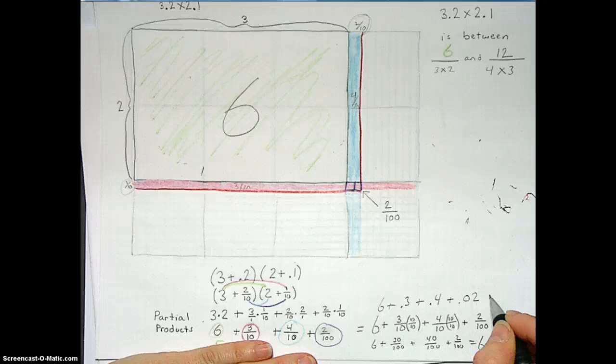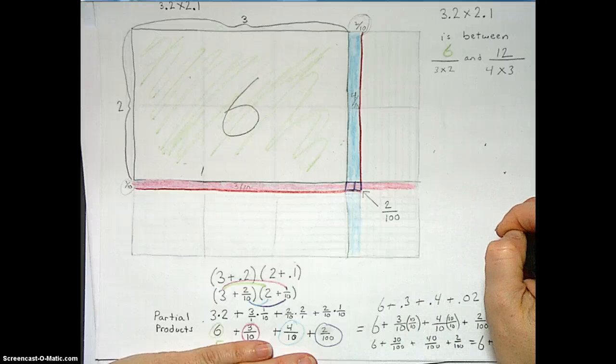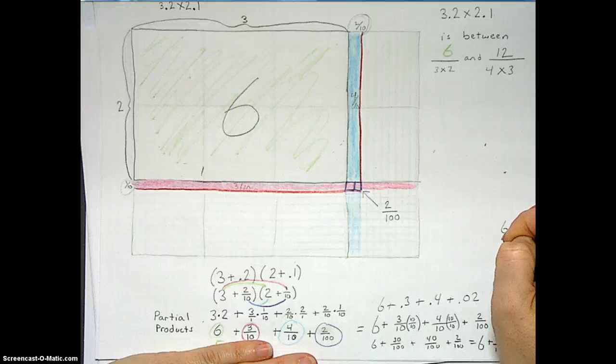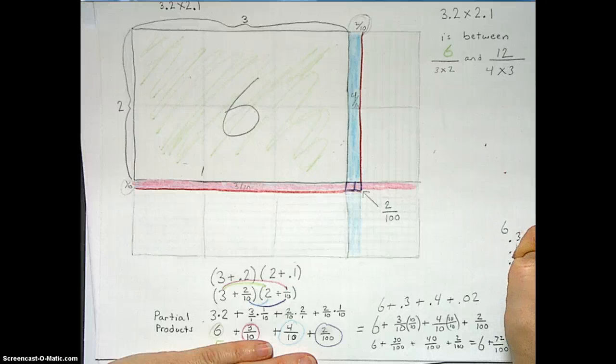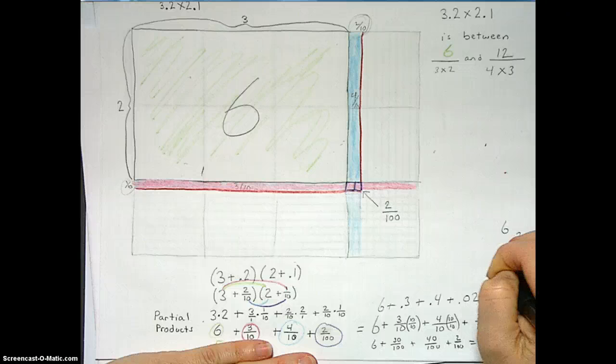So this one just adds straight across, or we can add the partial products this way. 6 plus 0.3 plus 0.4 plus 0.02. I kind of on purpose made this one not too complicated.